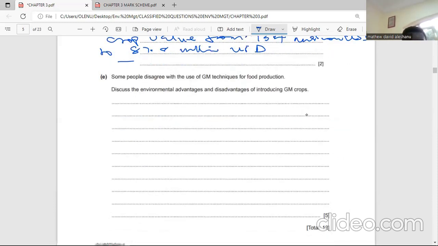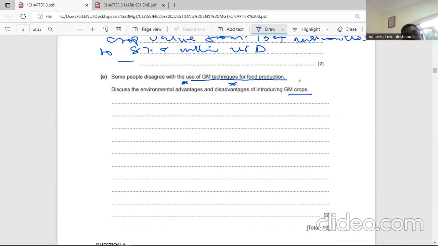Now here they said some people disagree with the use of genetically modified techniques for food production. Discuss the environmental advantages and disadvantages of introducing genetically modified crops. So here you are looking at two things: advantages and disadvantages.